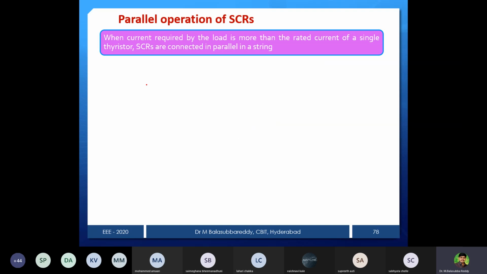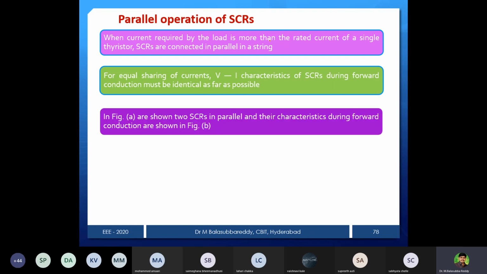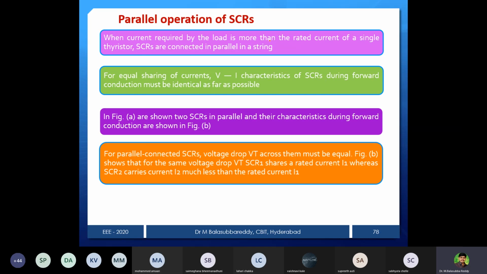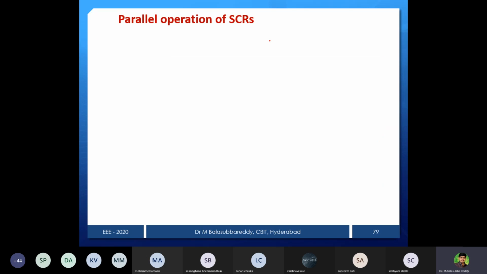That's what I mentioned here: the current required by the load is more than the rated current of a single SCR, then we go for parallel operation. In the VI characteristics during forward conduction, if you draw the VT line, SCR1 will share more current than SCR2, that is also a problem. Instead of 2 I1, we are getting I1 plus I2. That is the problem that arises once the characteristics are not identical.